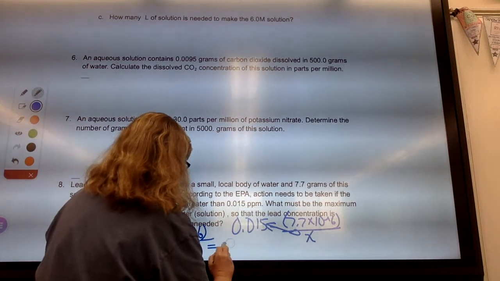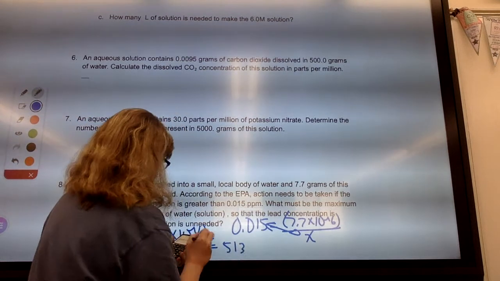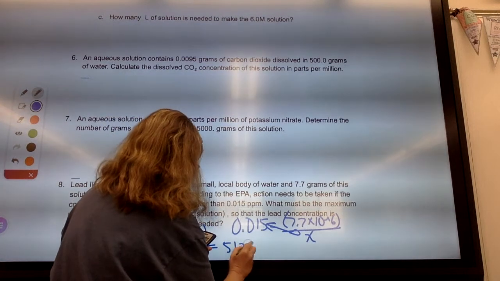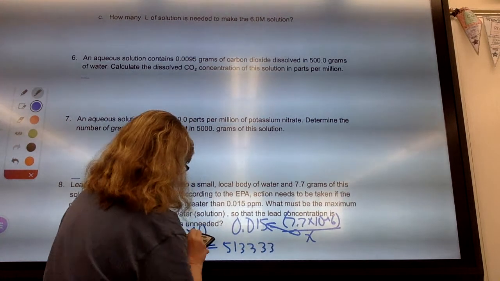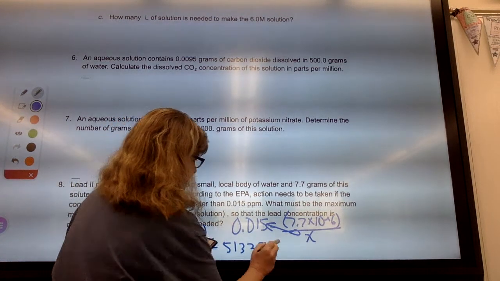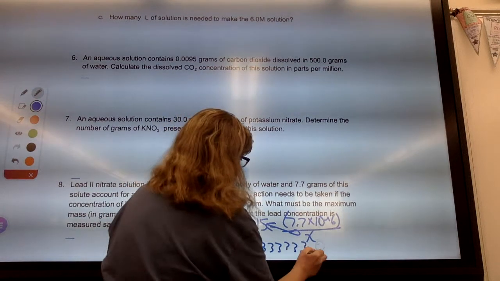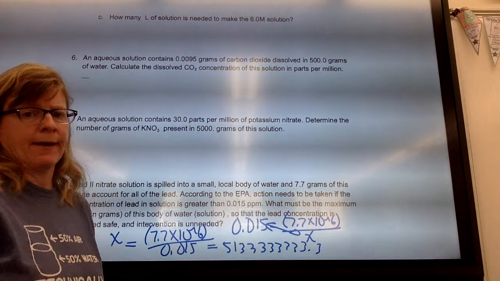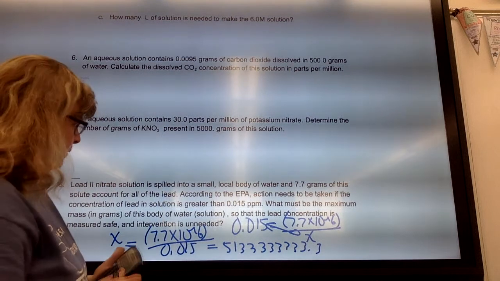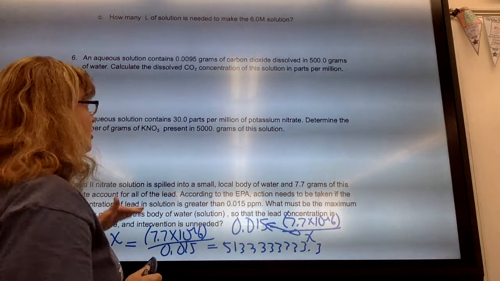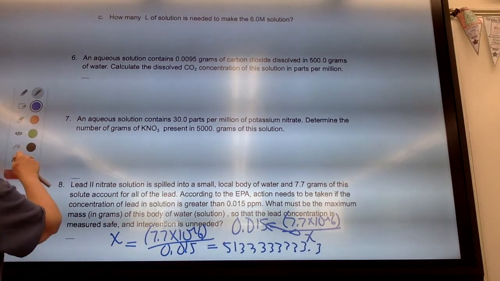And you get a very large number. And I'm going to round. Or I can write this. If you write the whole thing, again, you would round that. Don't be scared of big numbers or small numbers. Set things up correctly. Let's take a look at one more.